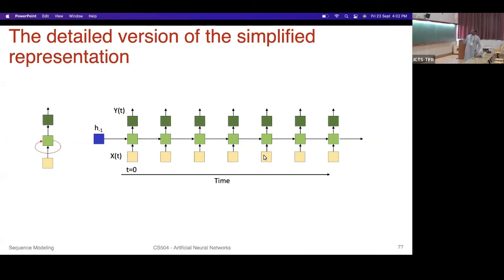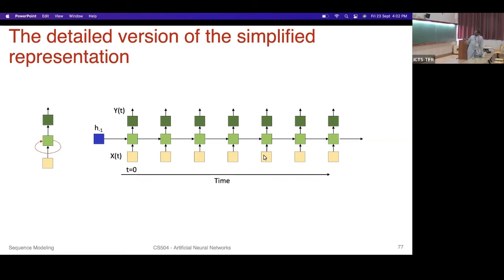So we are at some hidden state. Let's say it is h of minus 1. When you observe the sample at t equal to 0, which is x of 0, you pass that as input to this block, and that block here refers to the hidden layers, right? The hidden layer takes as input the hidden layer representation from the previous time step and the input observed at the current time step. It looks at both of these quantities to predict the output. Now, when you go to time t equals 1, you have a fresh input arriving, which is x of 1.